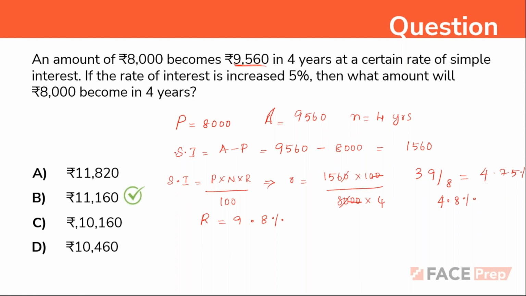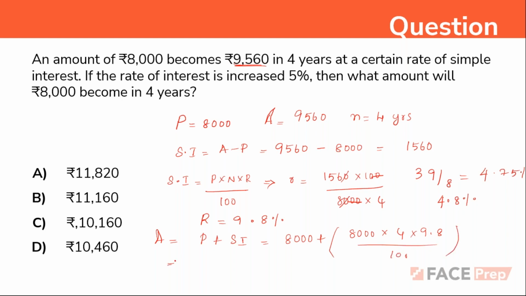Now, what about the formula for amount? Amount is equal to my principal value plus my SI, right? So principal amount is 8,000 plus, how to calculate SI? We know the formula, 8,000 into 4 into 9.8 divided by 100.